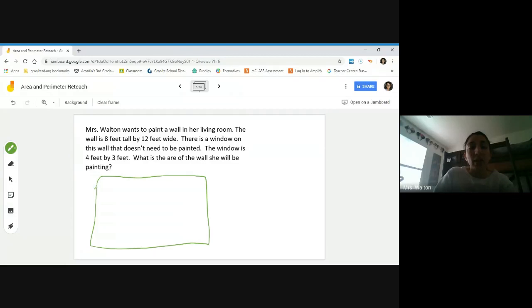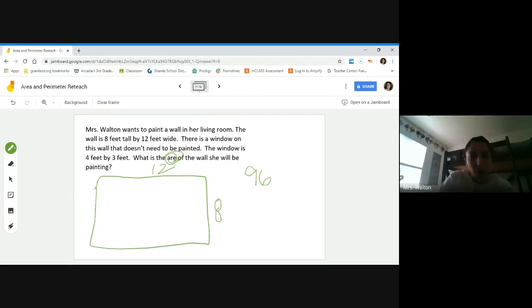So let's say this is 8 and this is 12. And it tells you right here, area, even though it doesn't say it, but it's supposed to say area. There you go. What is the area of the wall she'll be painting? So we have 12 times 8, which is, sorry, brain freeze, 96.